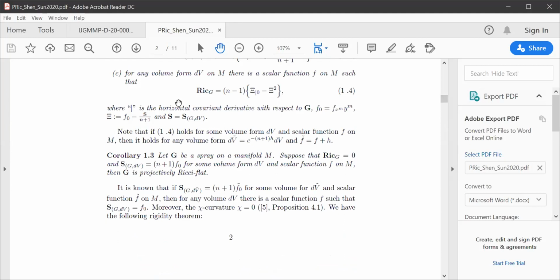So that condition in Corollary 1.3 says that if you ask me to give a simple example of a spray that is projective Ricci-flat, well, a simple example is if itself it's Ricci-flat, but that's still not enough. The spray coefficient and the corresponding S curvature should be almost 0, that means it's the differential of some function. Then you can say that G is projective Ricci-flat.